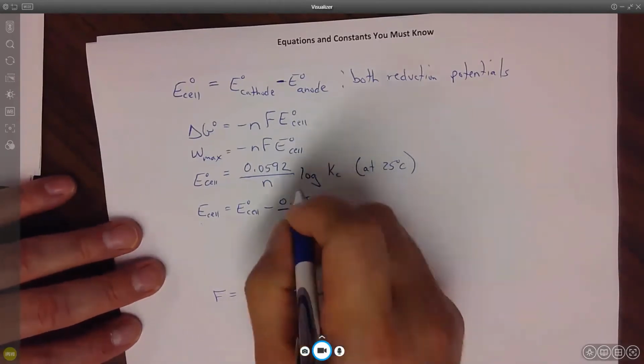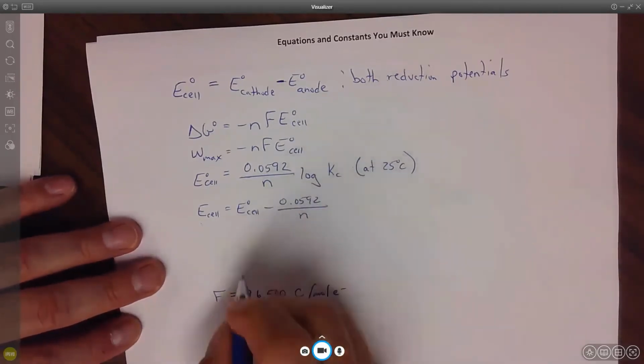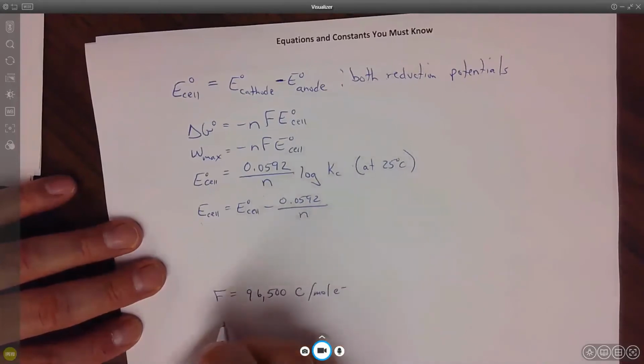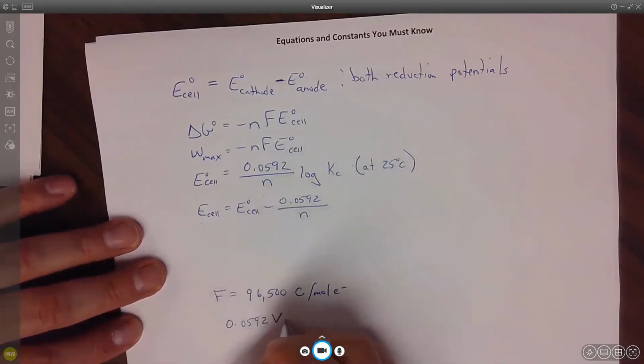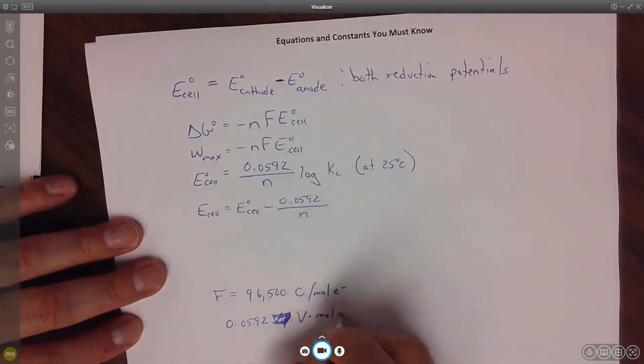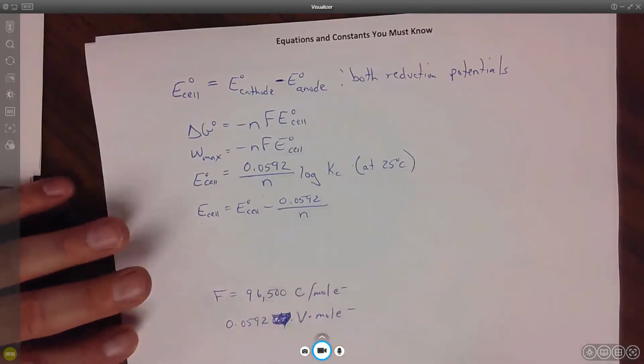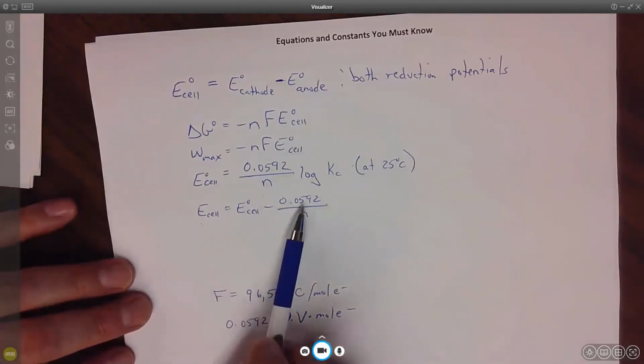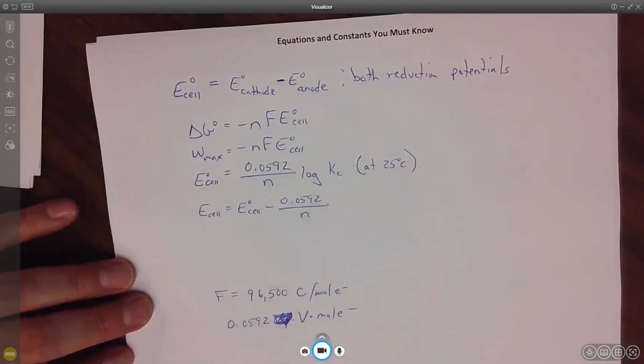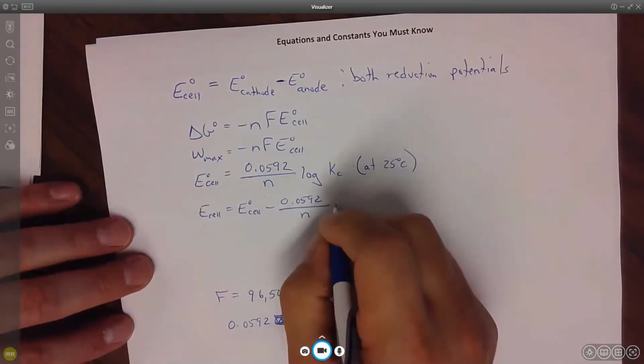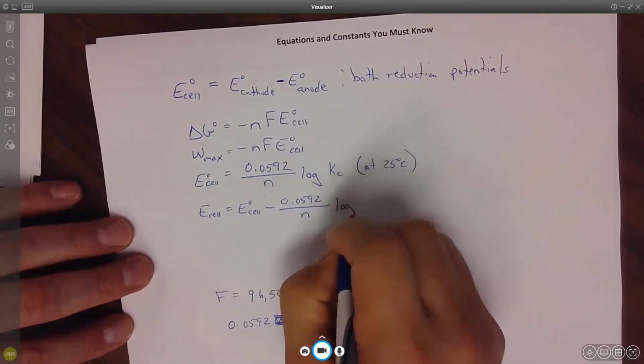And by the way, this 0.0592 actually has units. It's volts times moles of electrons. So that is actually the units on this value. And then this is going to be the log of Q.